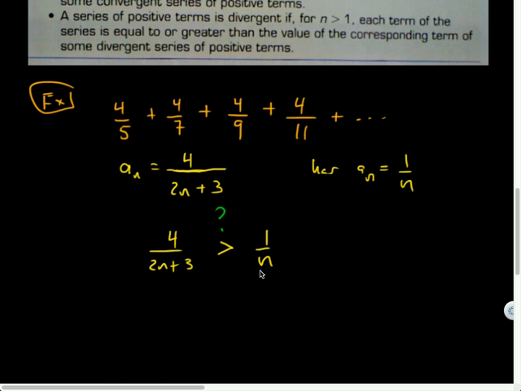Yes, 0.4 repeating is bigger than 0.3 repeating. So this is true, and since I've shown that my series terms are bigger than an already known divergent series, I would conclude that our series is also divergent.